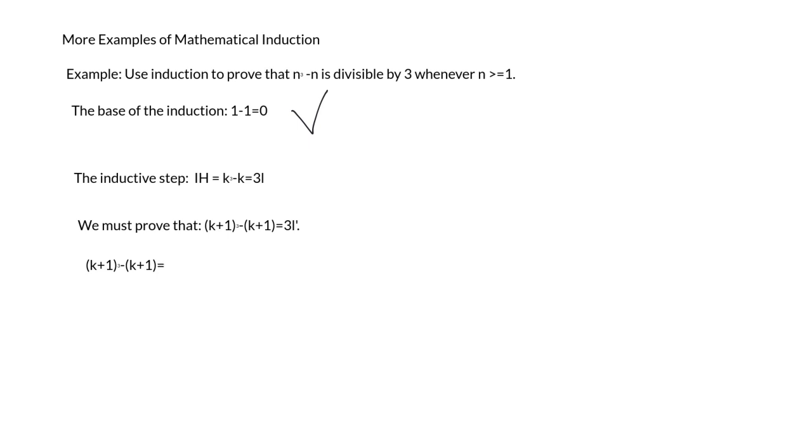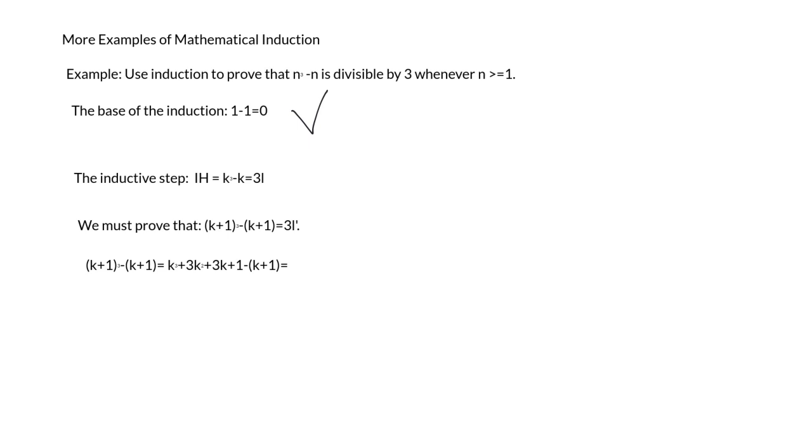This is equal to k cubed plus 3k squared plus 3k plus 1 minus k plus 1.